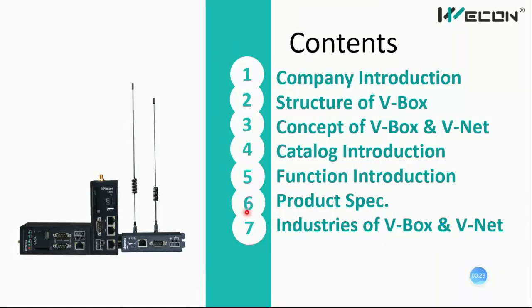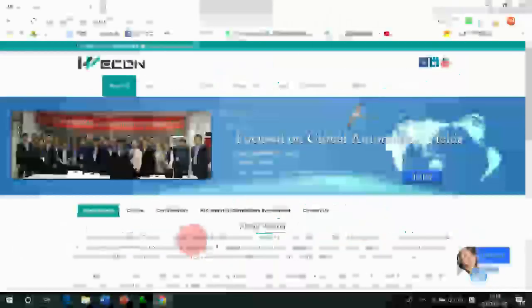This is a really important part. Number 6, the product specification introduction. Different series of products have different functions. They have some little differences. We will introduce them. The last is about some industries now using VBox and VNet.